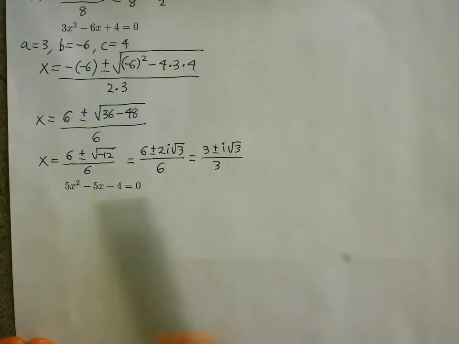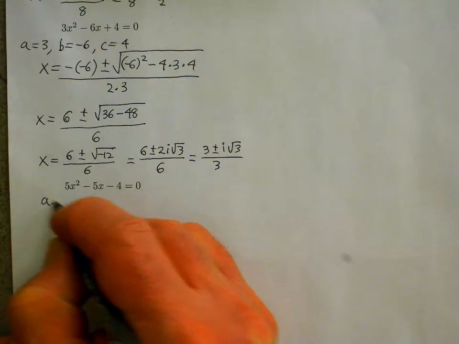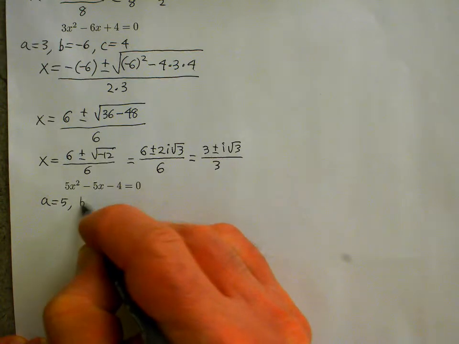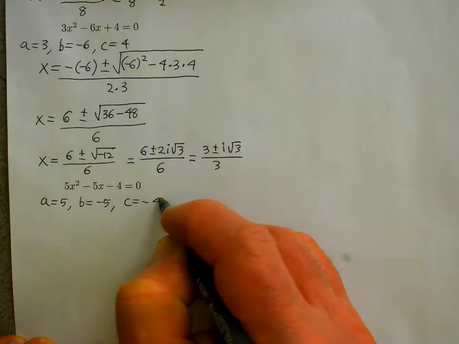For this quadratic equation, A is 5, B is negative 5, C is negative 4.